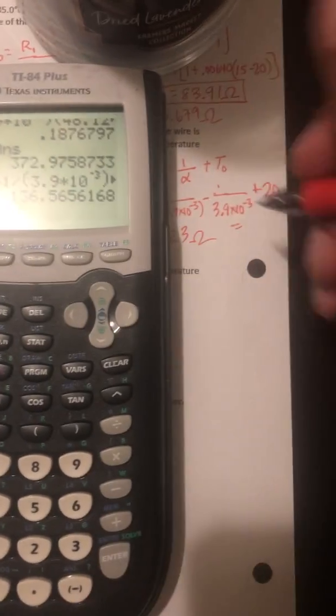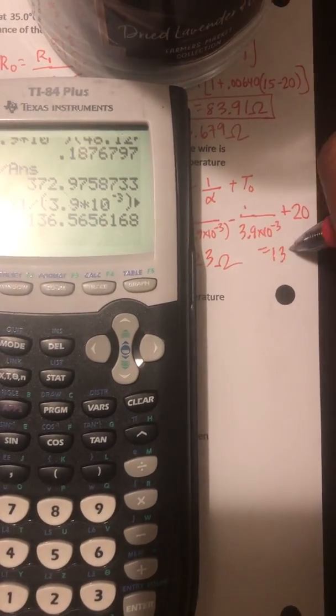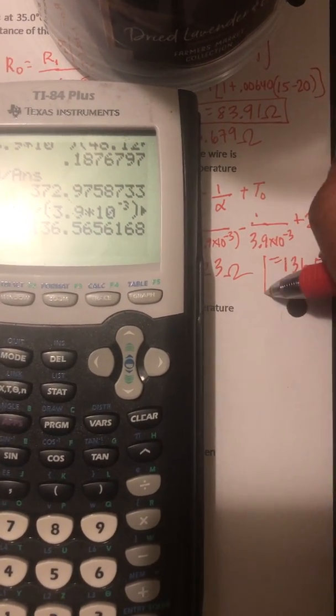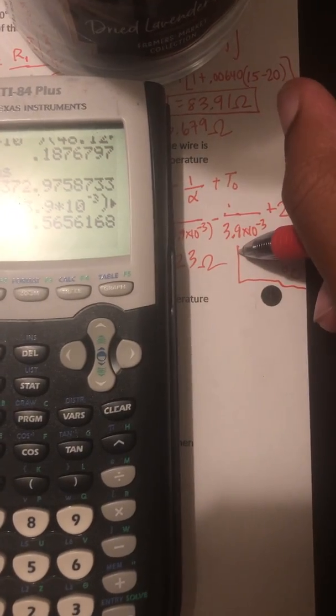And I should get 136.57 degrees Celsius, which is pretty hot.